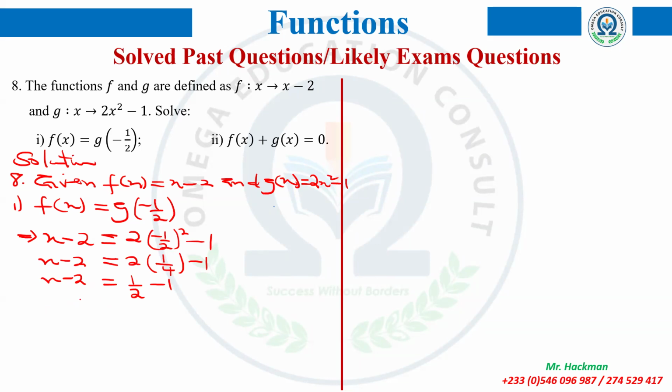I can play smart. Instead of clearing the fraction, if you work on this one, half minus 1 will give you minus half. Is that not it? So mentally, you know that this is minus half. You are solving for x, so you move this 2 to the other side, which will give you minus half plus 2.